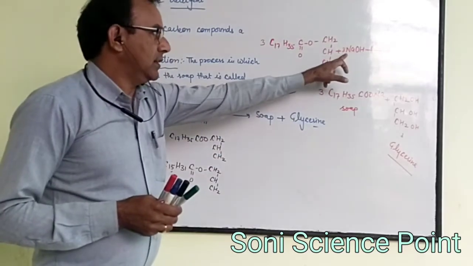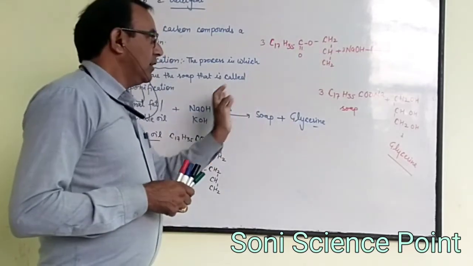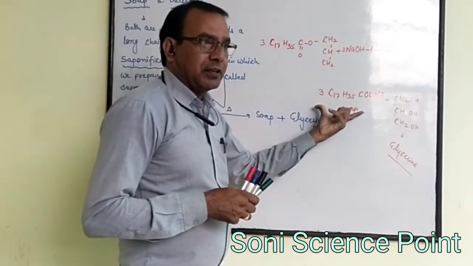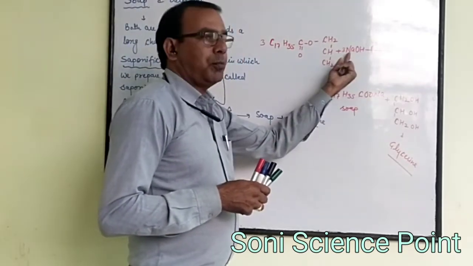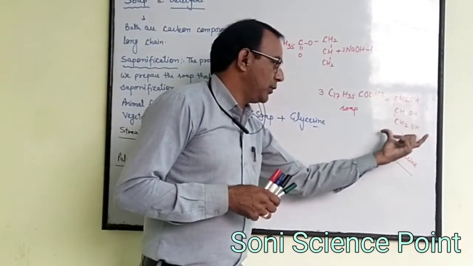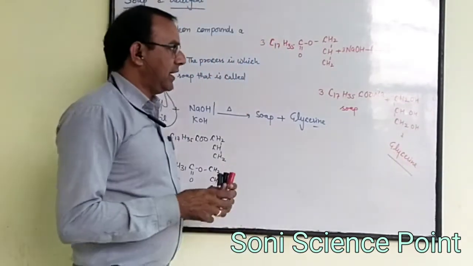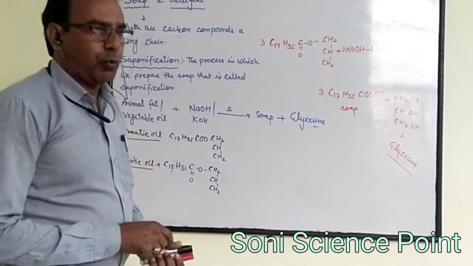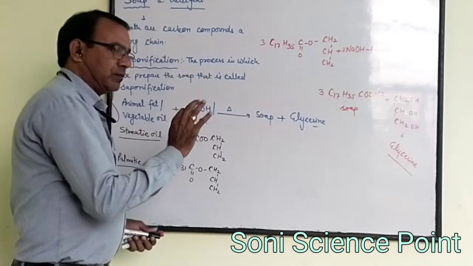So we can take sodium as well as potassium. It produces sodium ethanoate, or when we take potassium, potassium ethanoate, and one byproduct is produced, that is called glycerine. This is the chemical equation of formation of soap.